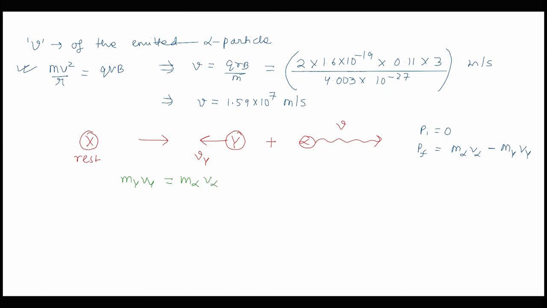So this becomes my first equation. The next thing I am saying is the total kinetic energy of the alpha particle and Y, the daughter nucleus, can be calculated using the expression from here.